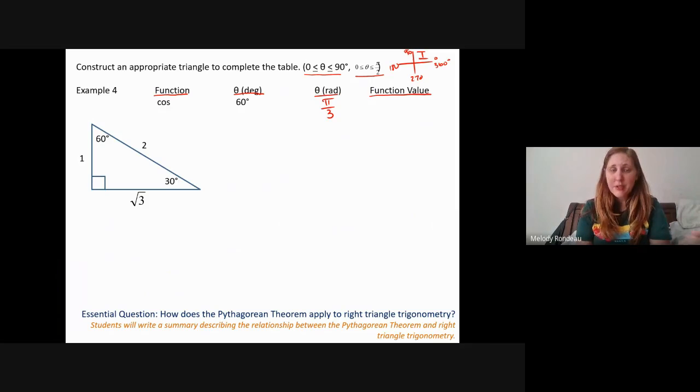You should really practice those: pi over 3, pi over 4, and pi over 6. Those 3 radian measures, you should know what they are in degrees. So pi over 3 is 60. And then our function value from the 60-degree angle, if I find the cosine, that would be adjacent over hypotenuse, so I'm going to get a function value of 1/2. That's all we have to do on that one.